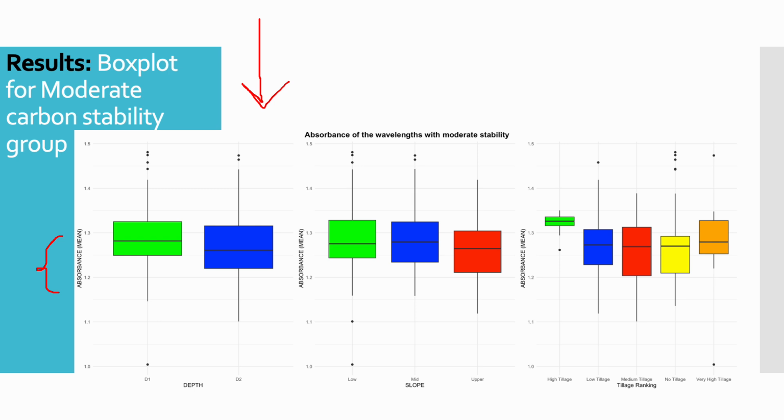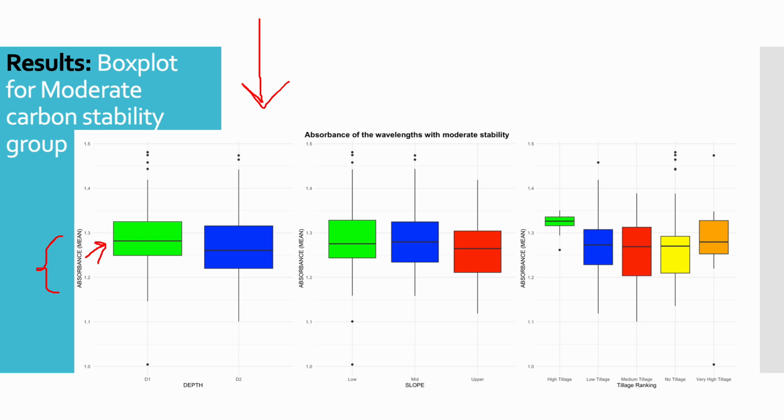As you can see, different depths, slopes, and tillage treatments have no statistically significant effects, with p-values greater than 0.05, on the absorbance spectra of all the wavelengths with moderate carbon stability. The medians and the interquartile range boxes remain relatively stable and consistent, with slight variation in each treatment group. The medians are the lines inside the interquartile range.